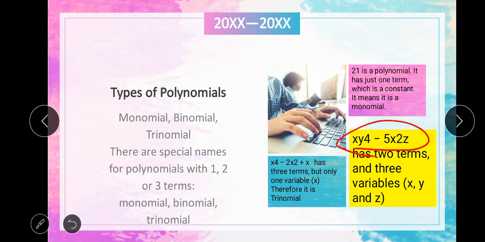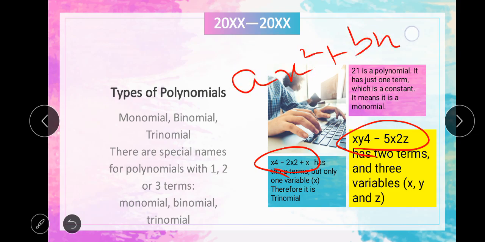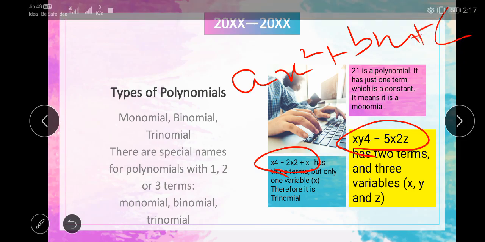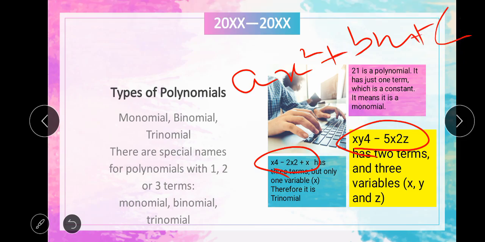For a trinomial there should be three terms, as you can see here, x to the power 4 minus 2x square plus 2, or ax square plus bx plus c. This is an example of a trinomial.